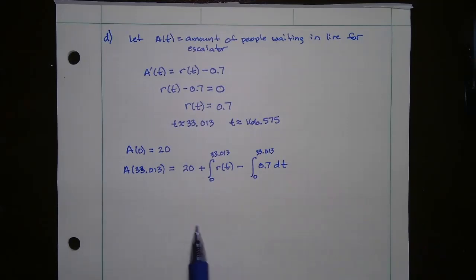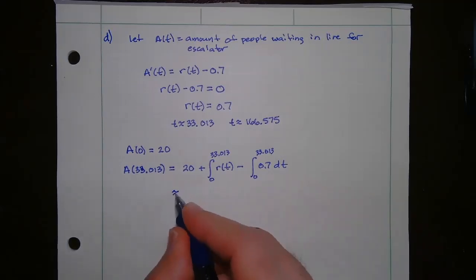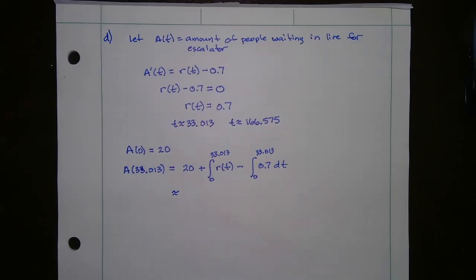And that will give me the amount of people at time 33.013. We're going to put that in our calculator and get an estimate. We're going to round to the nearest person, or the nearest whole number.